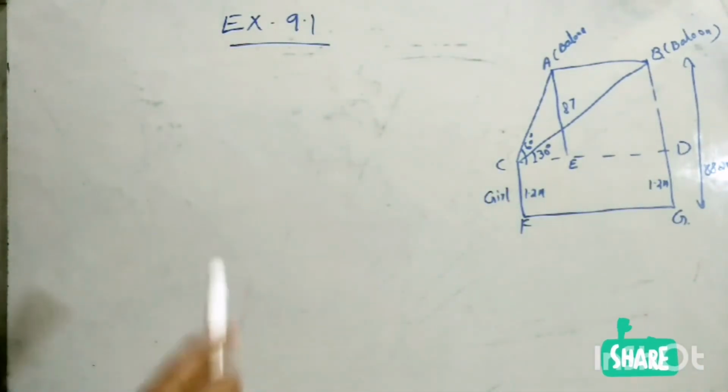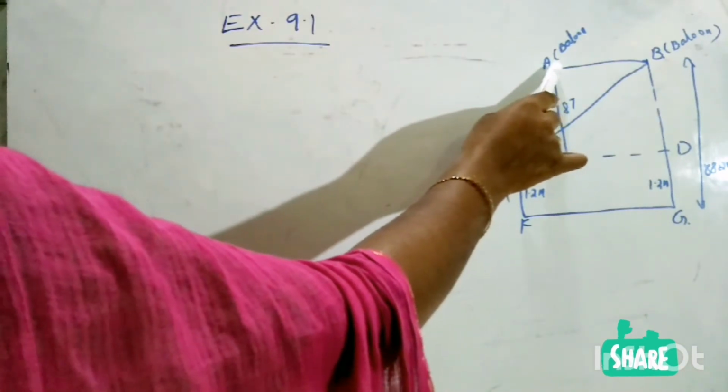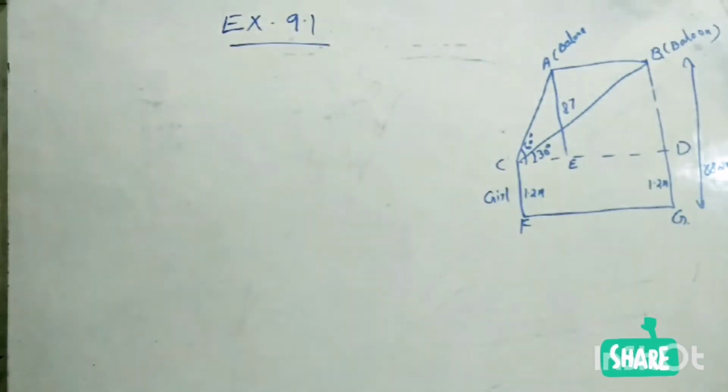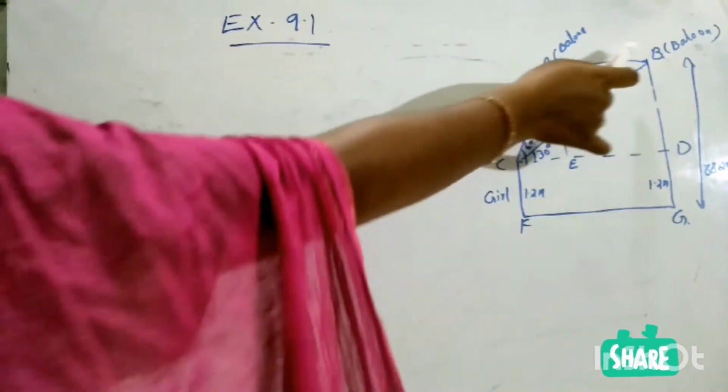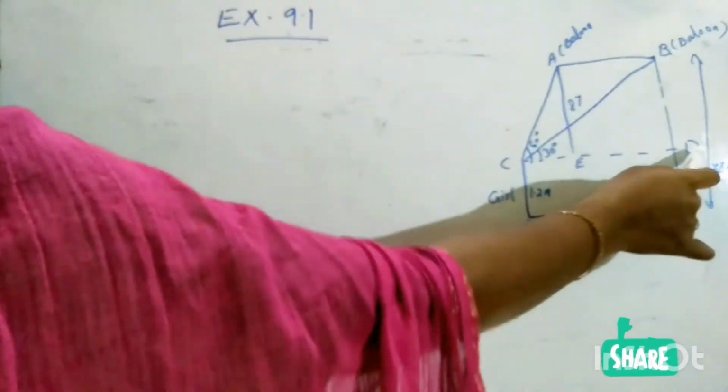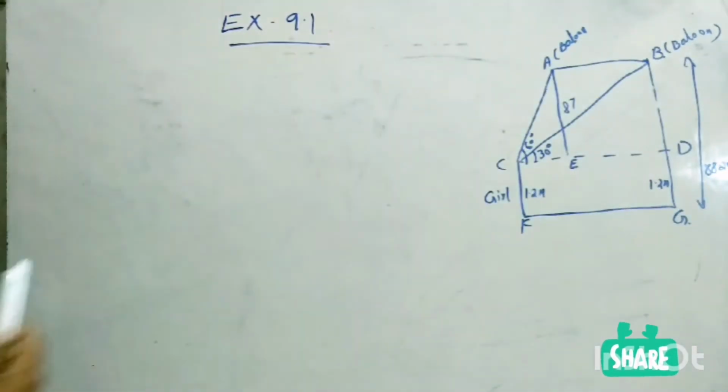The angle of elevation for the first position is 60 degree, and the second position is 30 degree. Now we need to find out the distance traveled by the balloon. That means we need to find AB, and this AB is equal to ED. Either we need to find AB or we need to find ED.